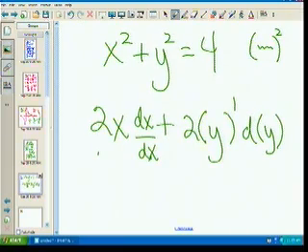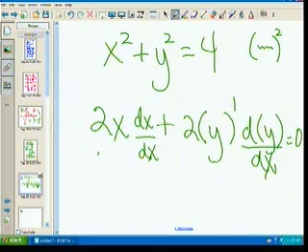That's 1. So we typically don't do that when the variable is x. We better do it when it's y or t or q or r, because we're deriving with respect to x. And on the right side, we've got the derivative of 4, which is 0.